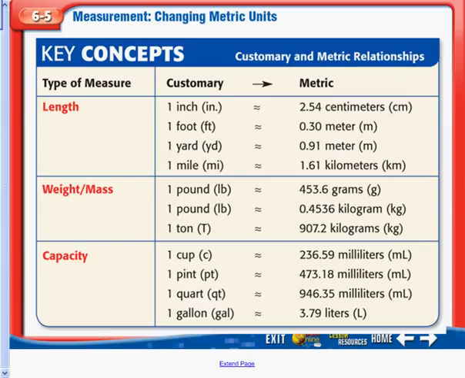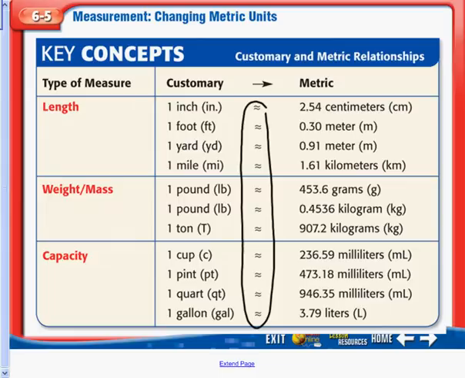In this key concept, you'll notice there are transitions between customary and metric units, but as you'll notice, this whole line right here, they're all approximations. So 1 inch is close to 2.54 centimeters. 1 foot is approximately 3/10 of a meter.